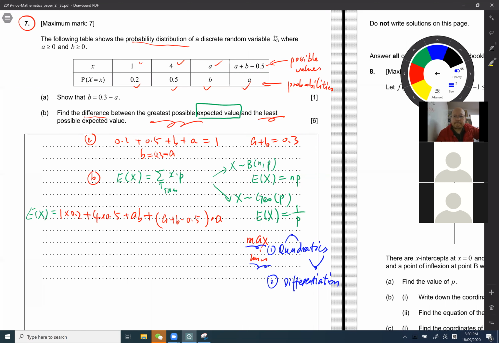Now, they told you B equals 0.3 minus A. We try to simplify.